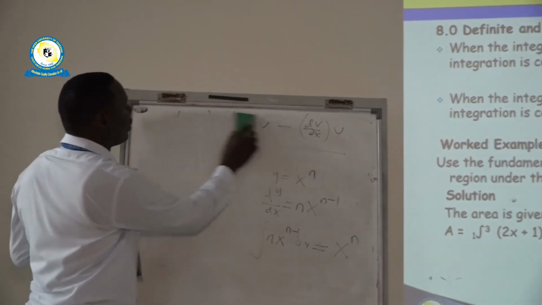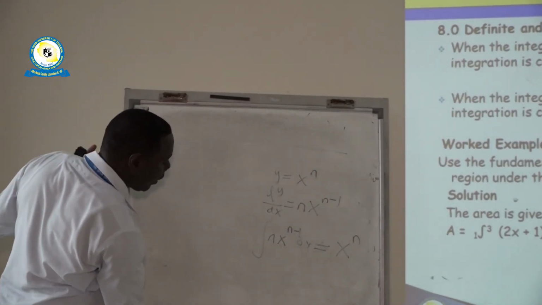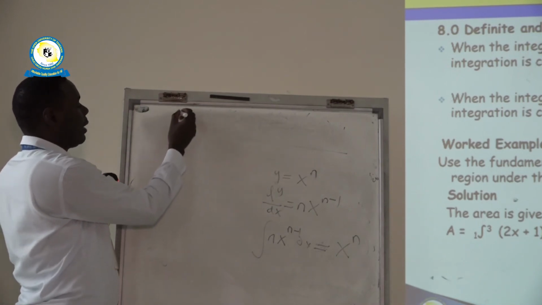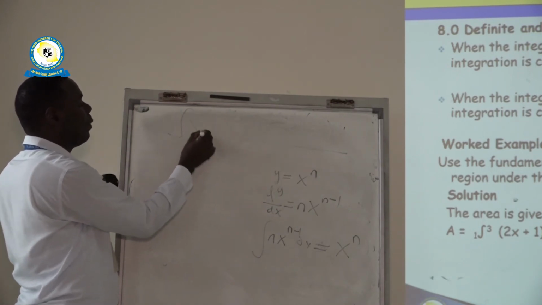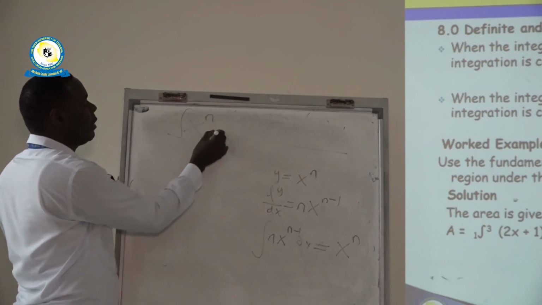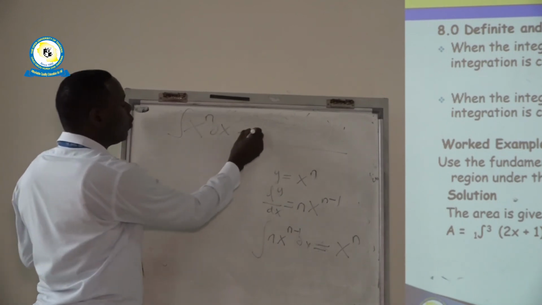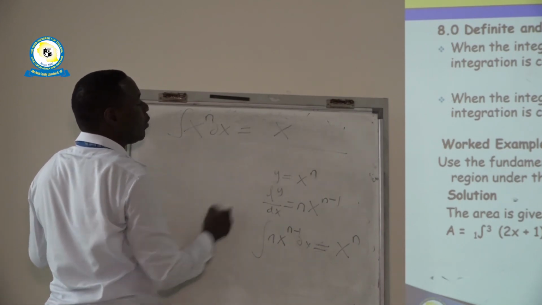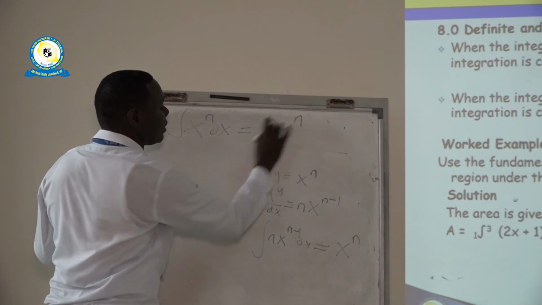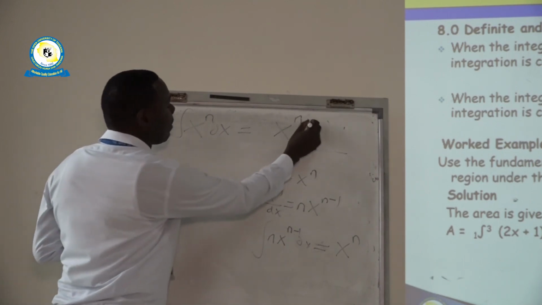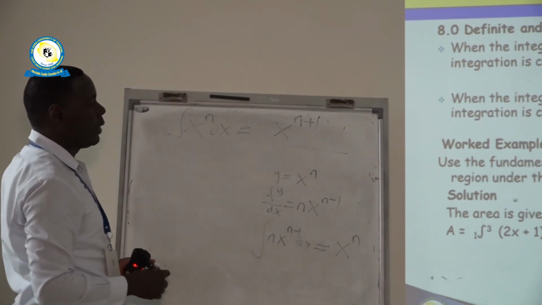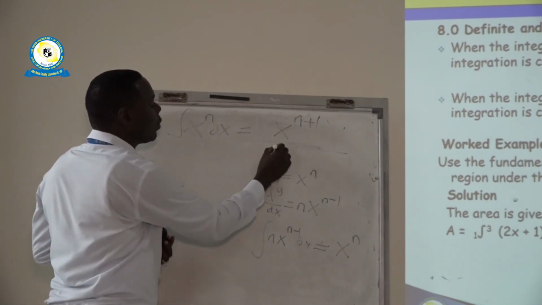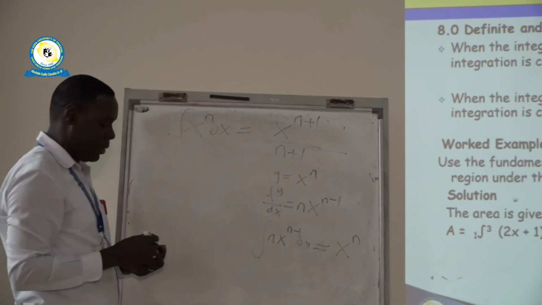In general, when you have to integrate any factor, for example to integrate x exponent n dx, what you do is take the exponent and add 1 to it. Then the value you get is what we divide by, as the denominator.